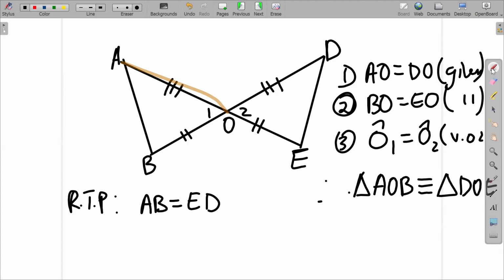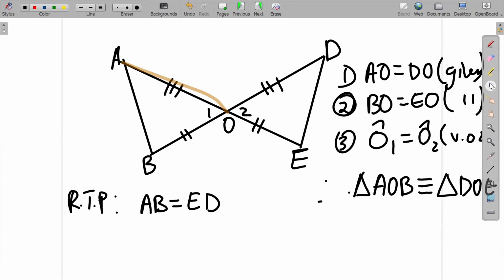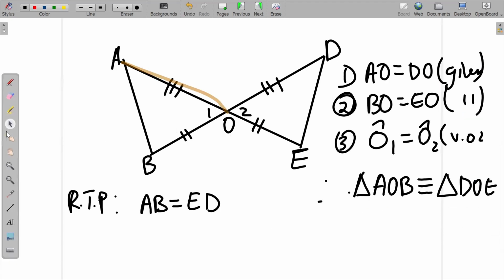All right. Then the power of congruency comes here now. Yes. This is now where the power of congruency comes. Once you have, oh, by the way, we have to justify. Sorry, side, angle, side. You have to justify.